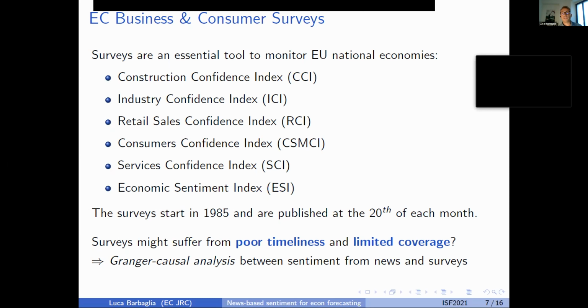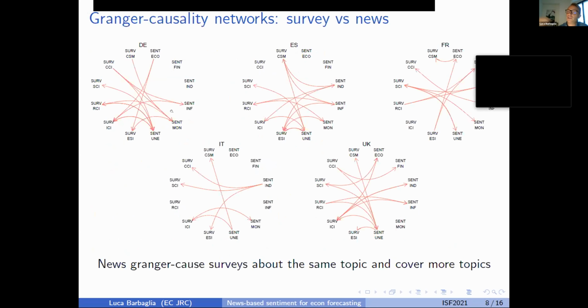So to compare with the sentiment measures that we have, first of all, a simple Granger causality analysis where we compare the survey-based indicators and the news-based ones. The results are reported here using networks. Essentially, if you see a directed edge, it shows a directed Granger causal relation going from one node to the incoming node.